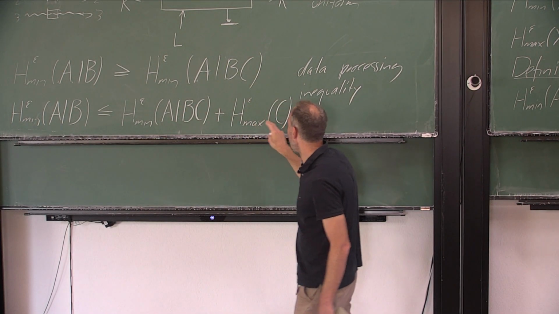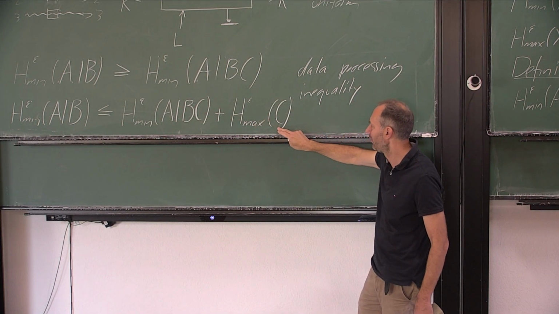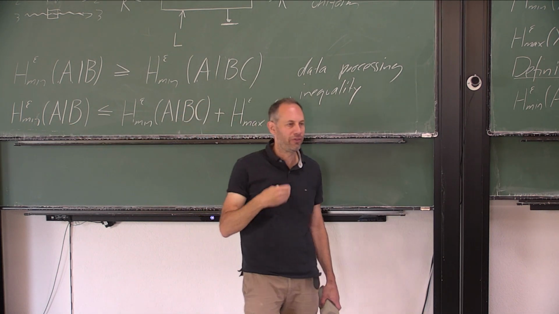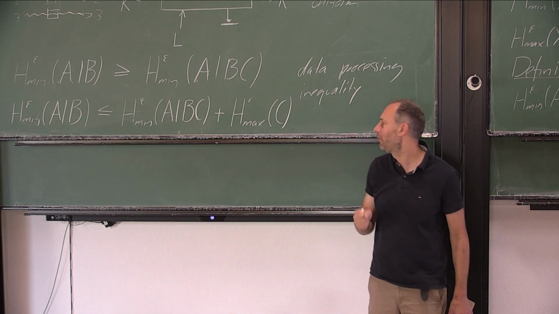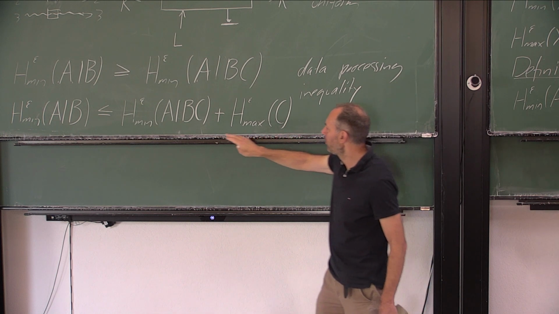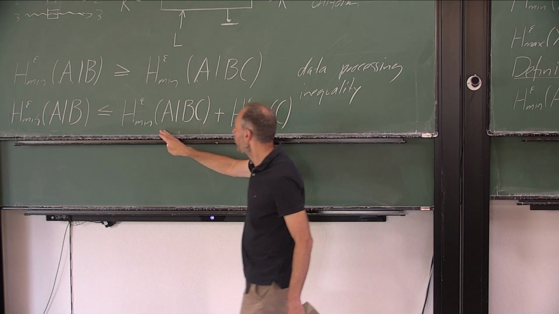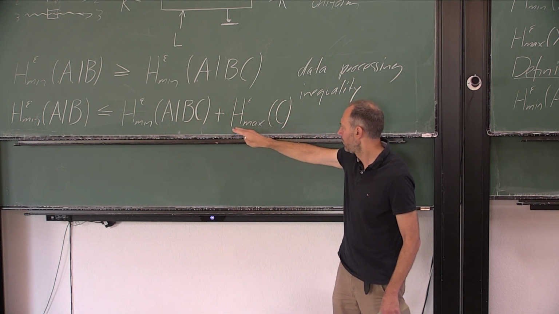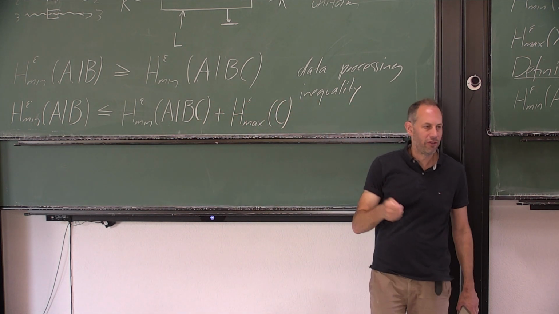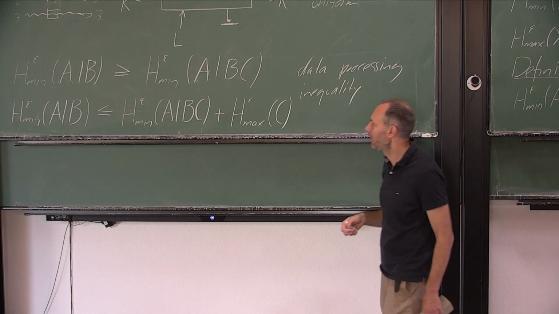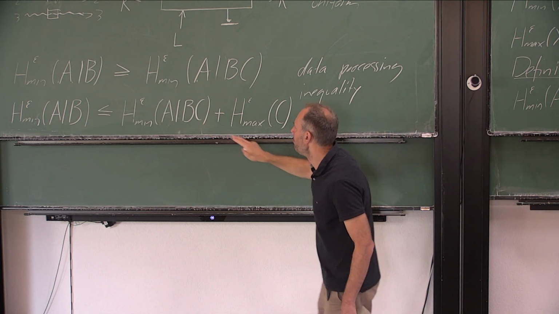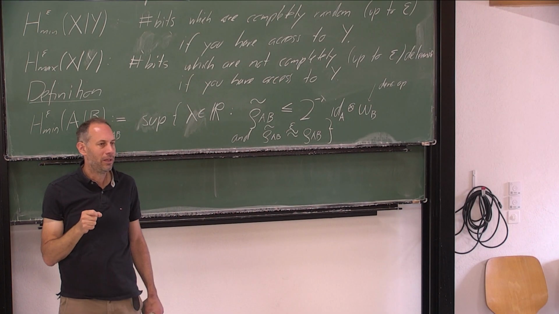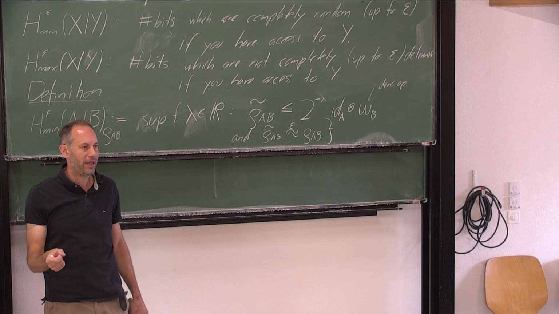And they tell you, let's suppose you initially only have B, and now someone gives you more information, C. How much does the entropy here maximally decrease? The answer is, it's the max entropy of the information you gain. So it's actually quite intuitive. If you think in these terms, how many bits can you potentially learn by gaining information?